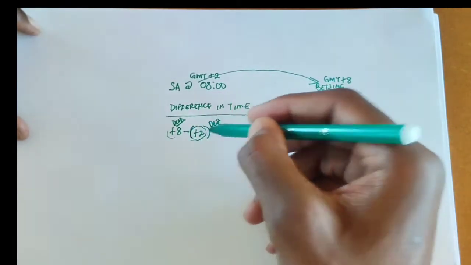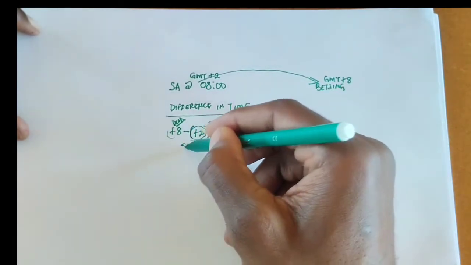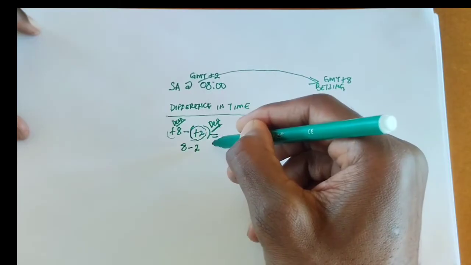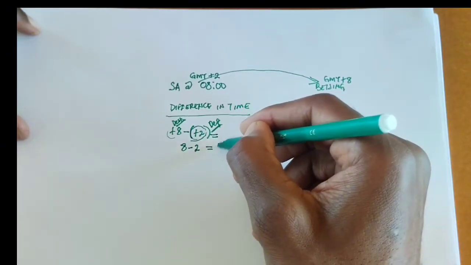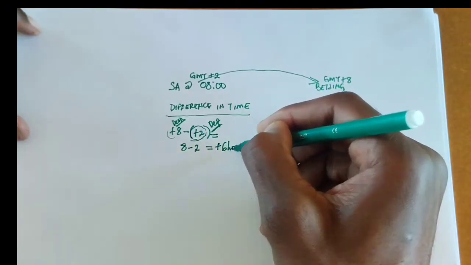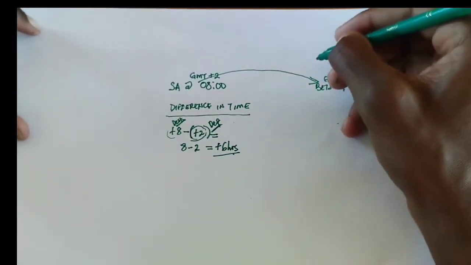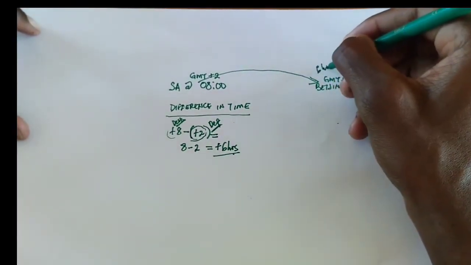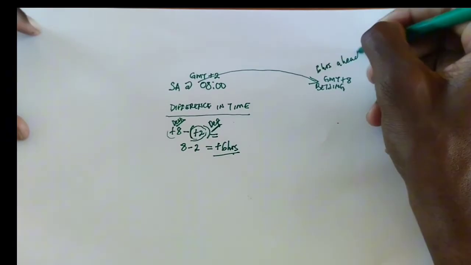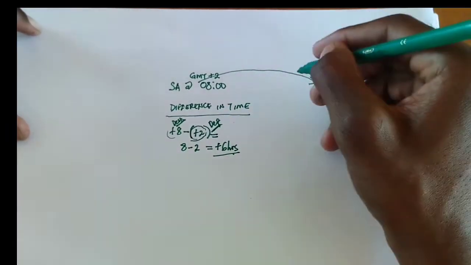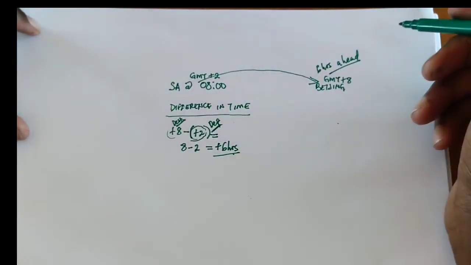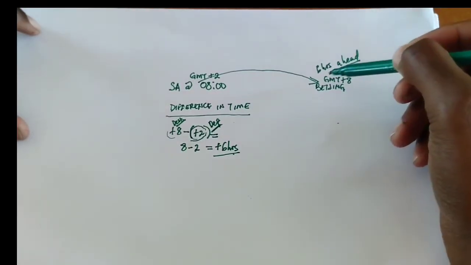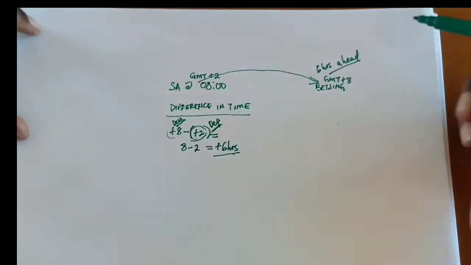So now if you put this, it is going to be 8 minus 2 in the calculator. That will be equal to +6 hours. So this means the time in China is 6 hours ahead of the time in South Africa.